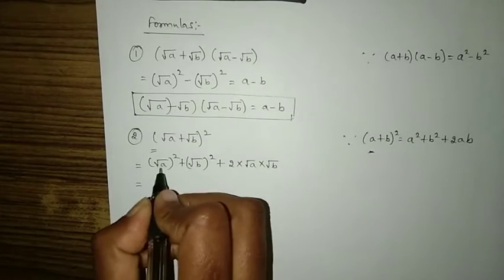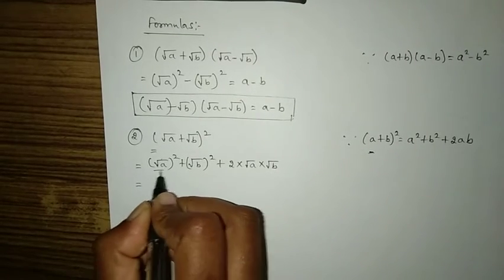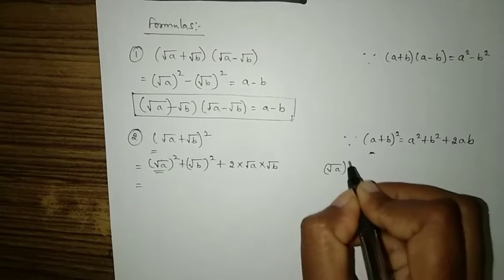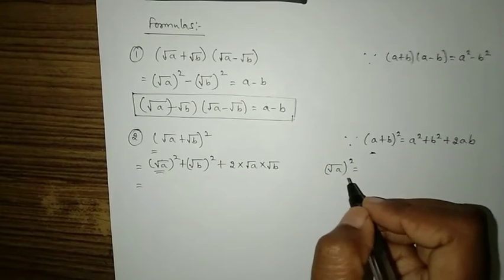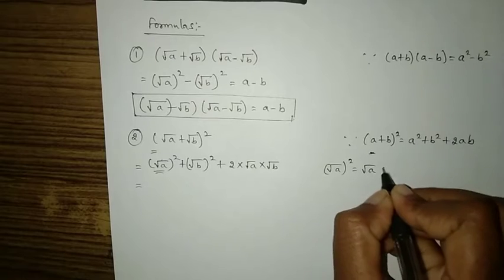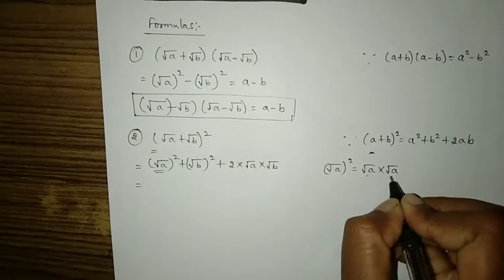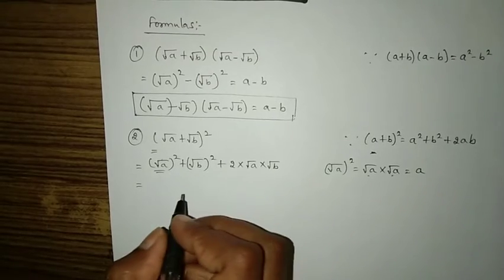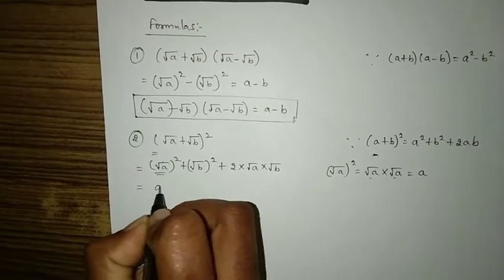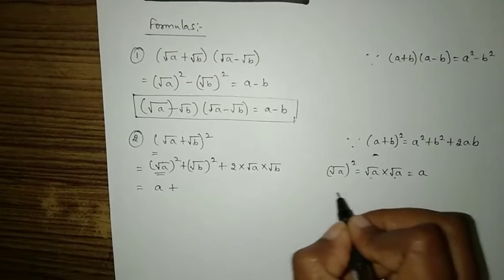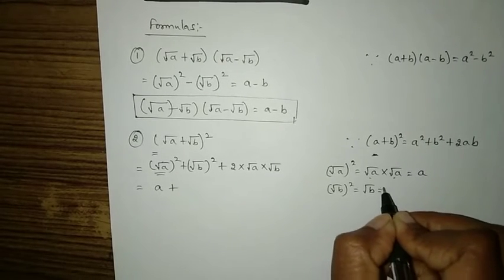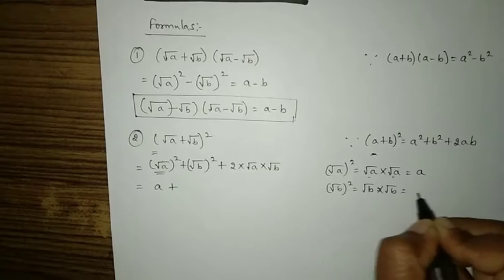So we get root a whole square is equal to a, since root a into root a is equal to a. And root b whole square, that is root b into root b, is equal to b.